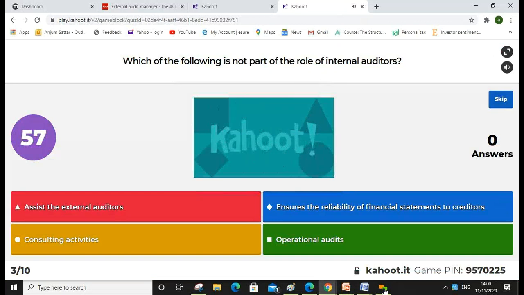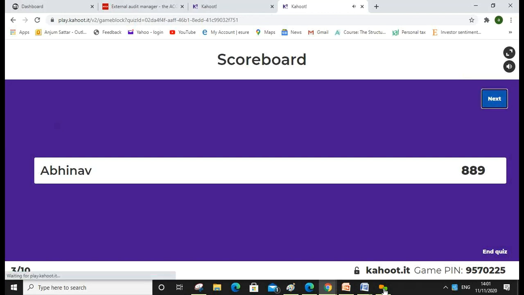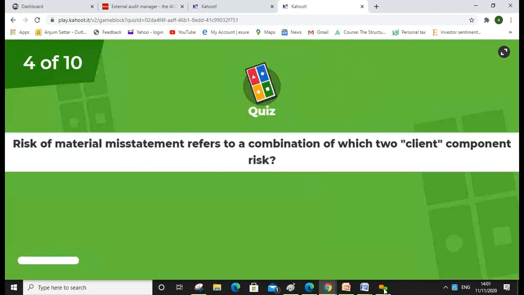Which one is not part of an internal auditor's role? Okay, next.